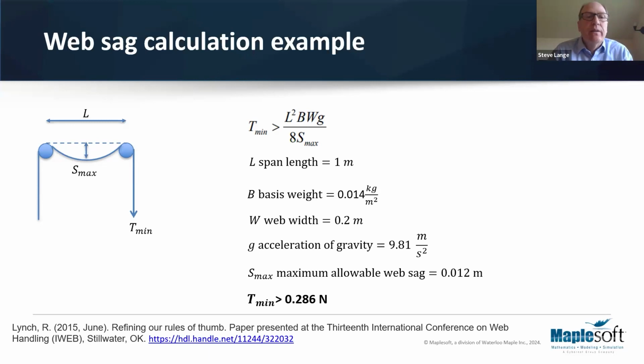So it has the length of the span, the basis weight, which is the mass per unit area of the web, width, etc. So again, you could start to add up these various minimum tensions to know your lower level need for tension.